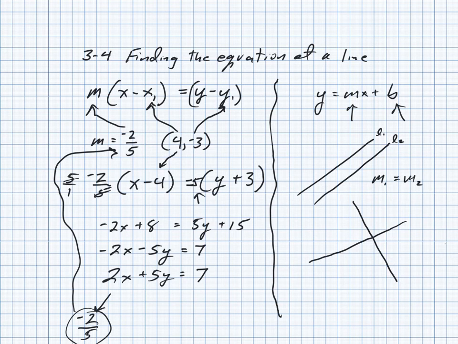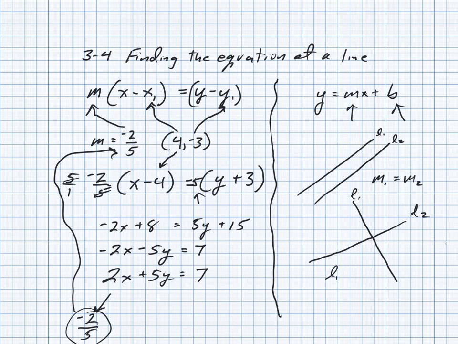And the relationship is going to be that each line's slope is going to be the negative reciprocal. The slopes will be the negative reciprocals of each other. So, for instance, I'll call this one line 1 and this one line 2.